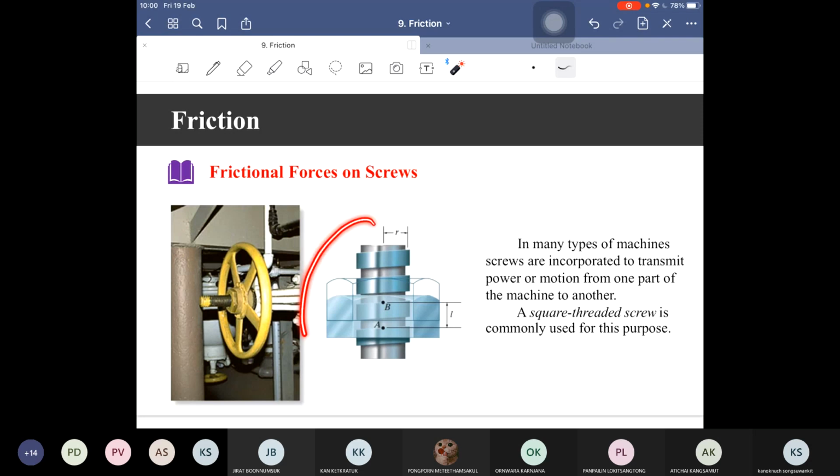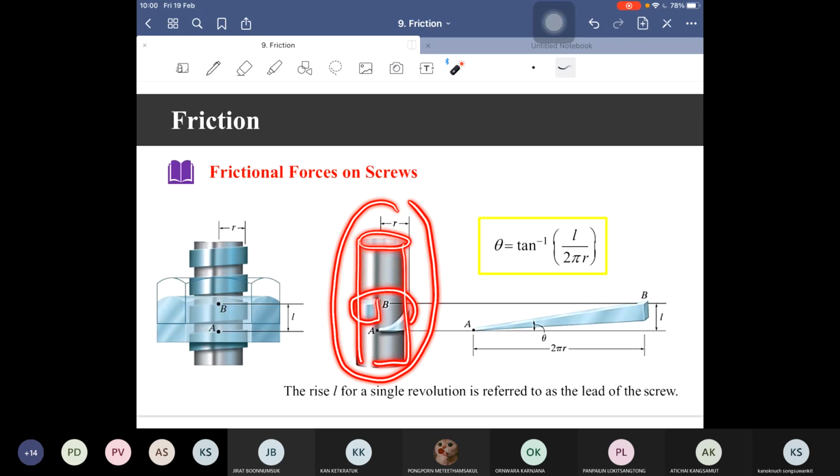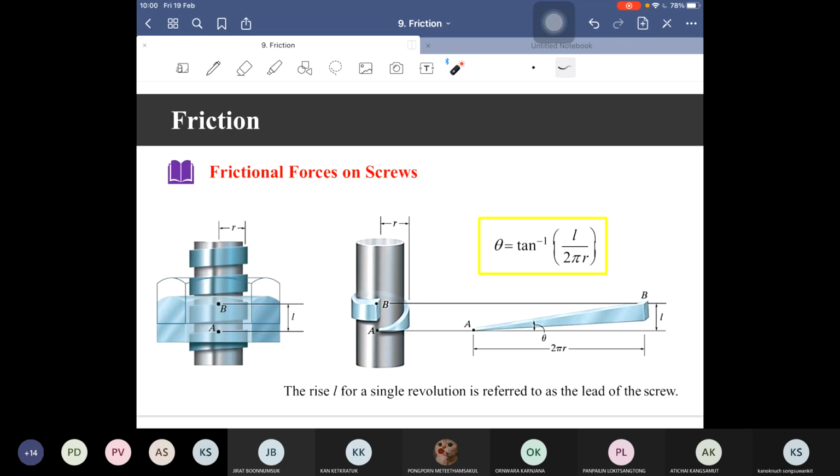So in this case, in mechanical parts, a square head screw is commonly used for this purpose. So let's analyze the square head screw in this figure. If we zoom in on just one turn of the screw, you can see that it looks like a cylinder wrapped with a triangle part.